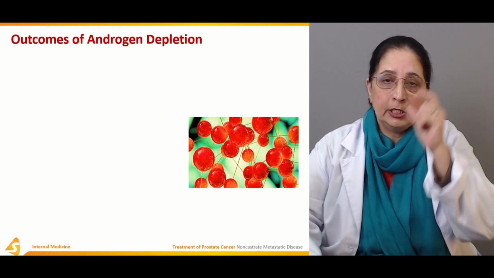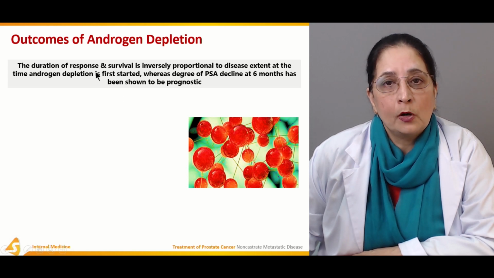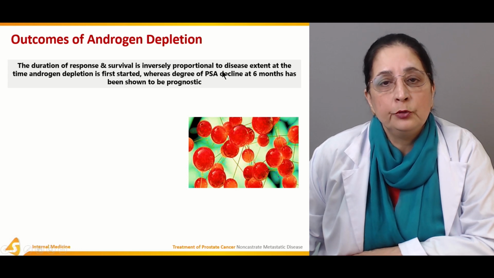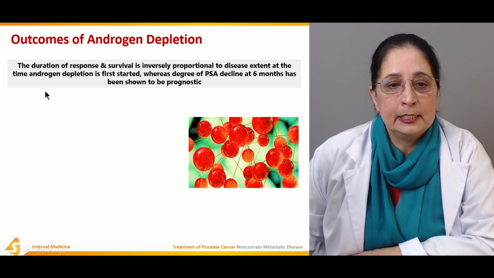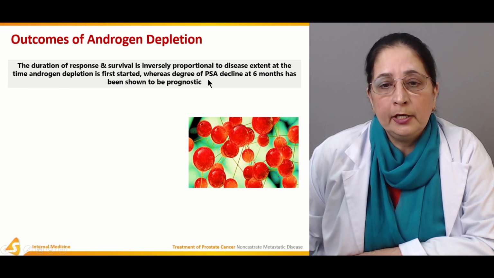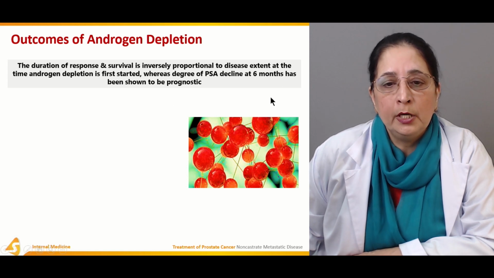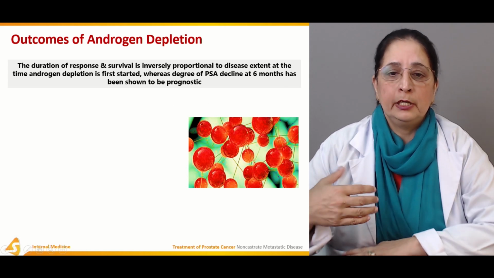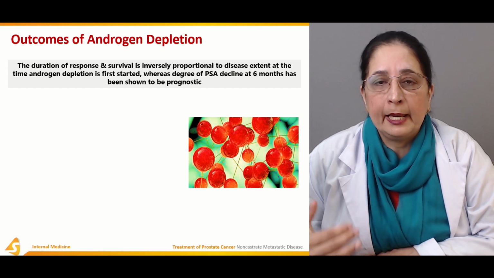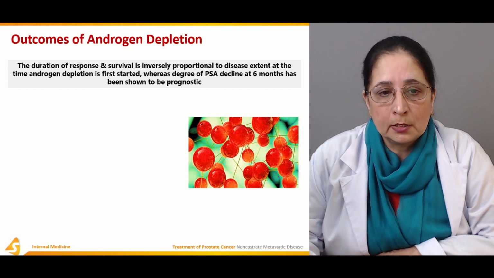Outcomes of androgen depletion: the duration of response and survival is inversely proportional to disease extent at the time androgen depletion is first started, whereas the degree of prostate-specific antigen decline at 6 months has been shown to be prognostic. So the degree of PSA decrease at 6 months is a good prognostic factor.